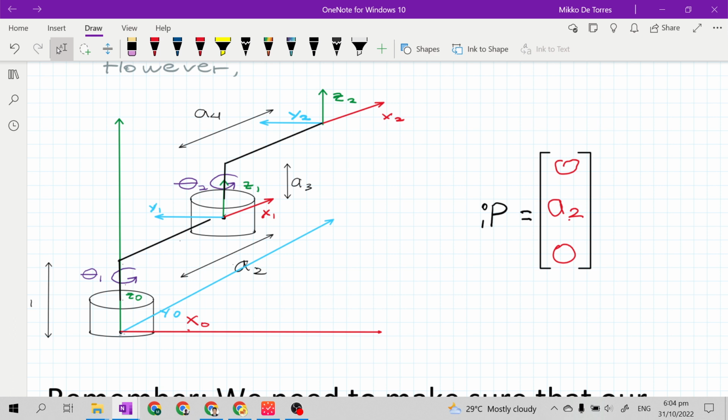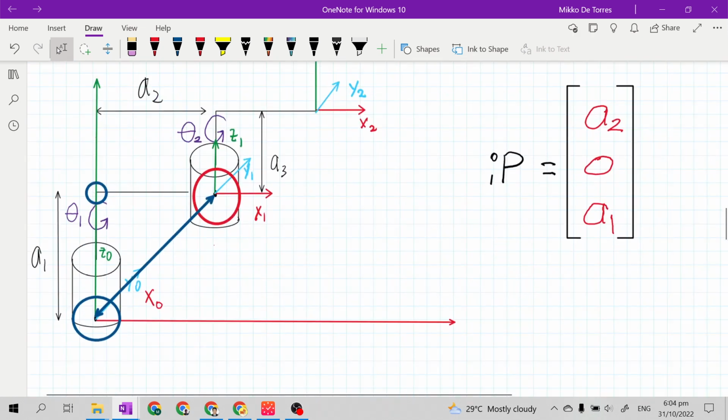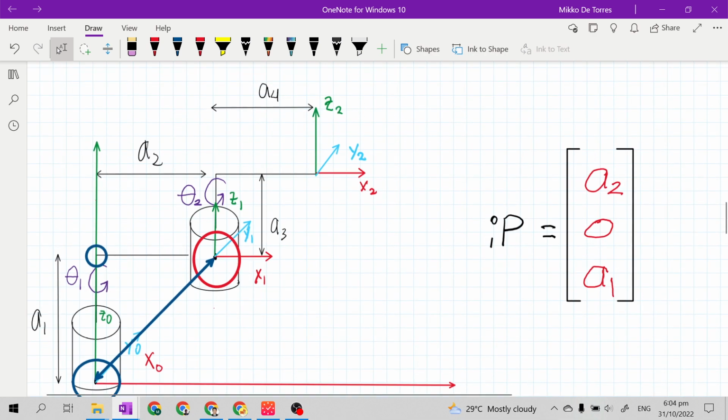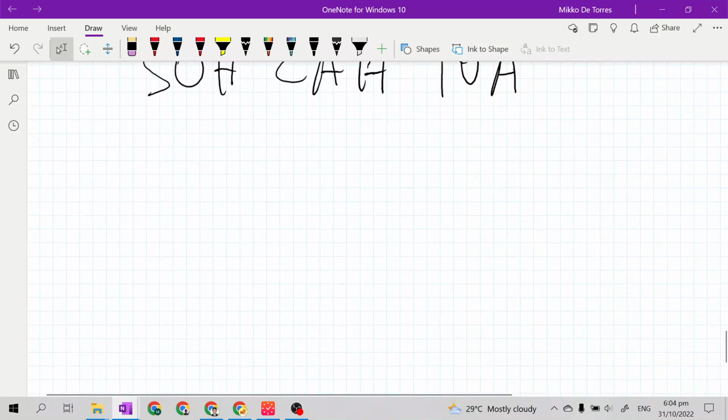So we will find a right triangle to derive our position vector. In this given mechanical manipulator, the best way to derive the position vector is to redraw this mechanical manipulator at top view. We will redraw it at top view.